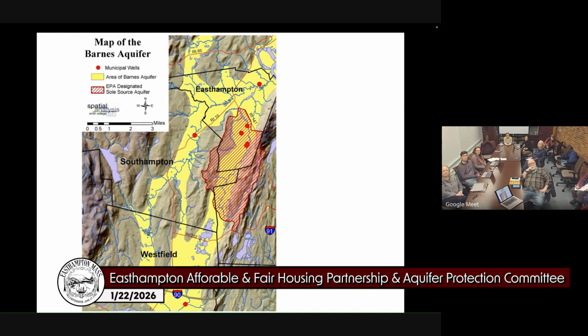This part is defined by a groundwater divide that's located about here, just north of the Camden Ponds. North of that divide, the groundwater flows to the north. South of that divide, it flows to the south. So those are two independent systems. And then we have the third system over here, the Manhan River, Southampton side.